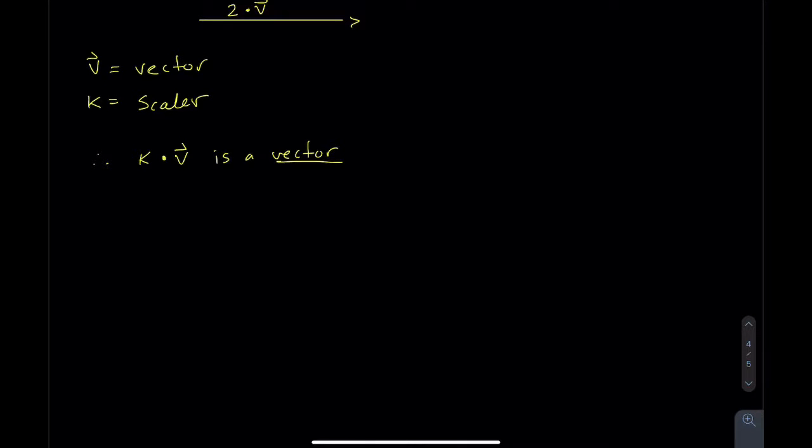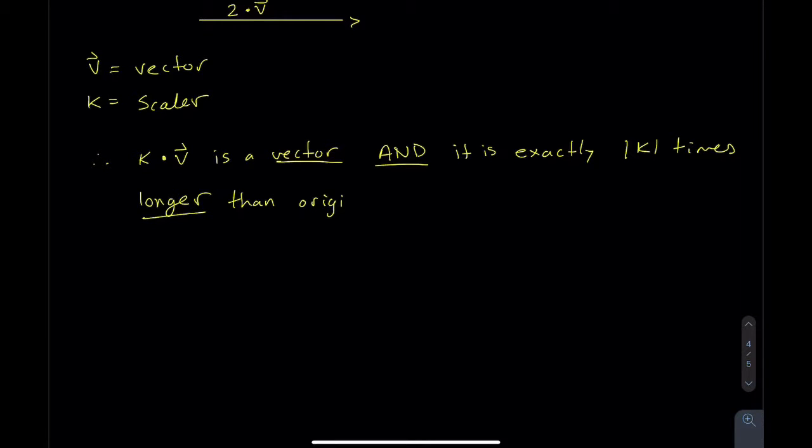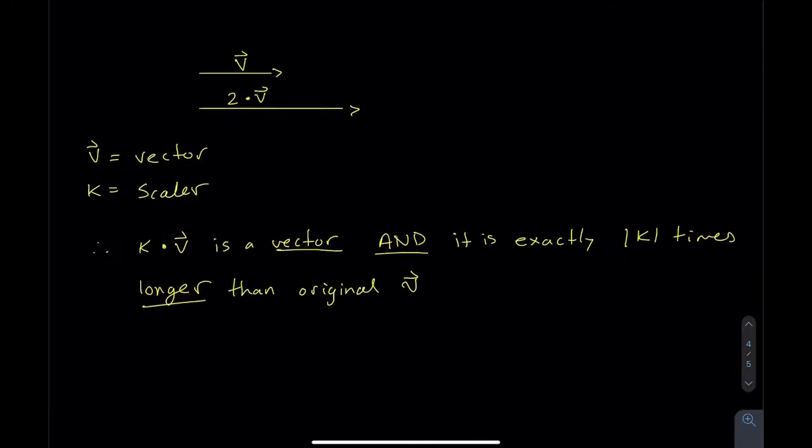So multiplying a vector by a scalar still results in a vector, and it is exactly k times longer. When we multiply a vector by a scalar, it is going to be the magnitude of that scalar times longer than the original vector v. So that's kind of the rule.